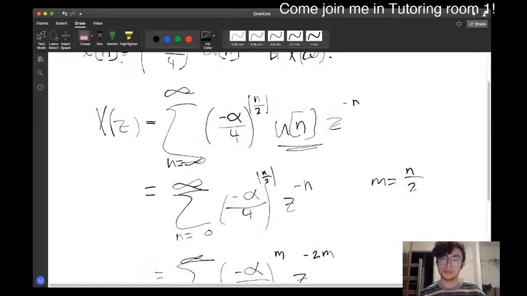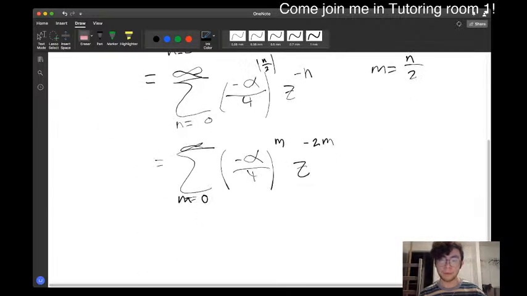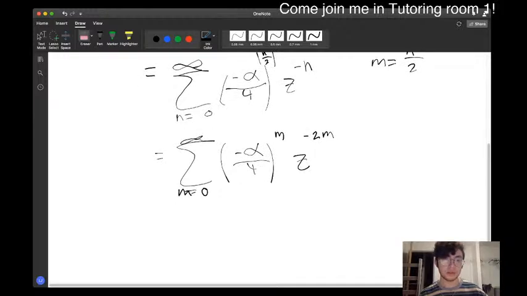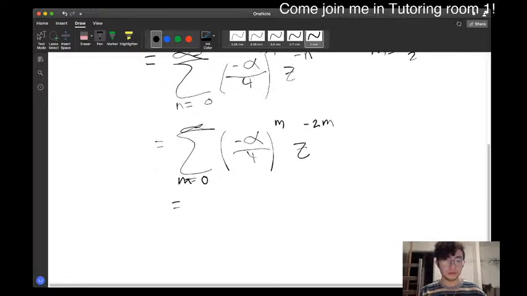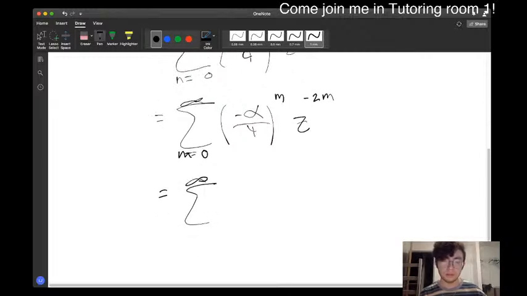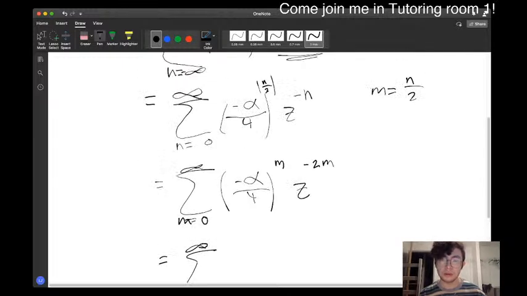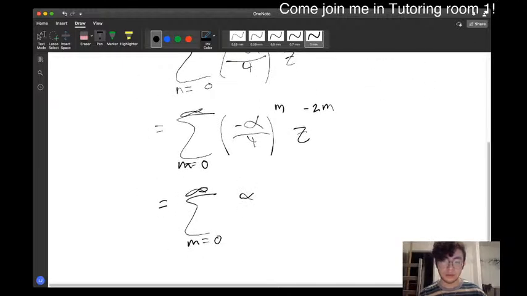So we get the sum. Let's try and bring this term into this z, so we can do alpha times z to the m, because we can always factor out, remember that z to the minus 2m, you can always take out one of the exponents.